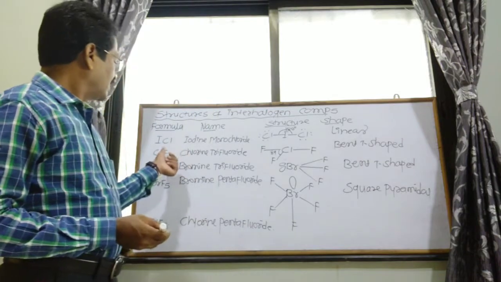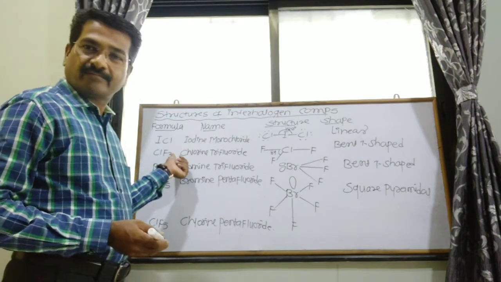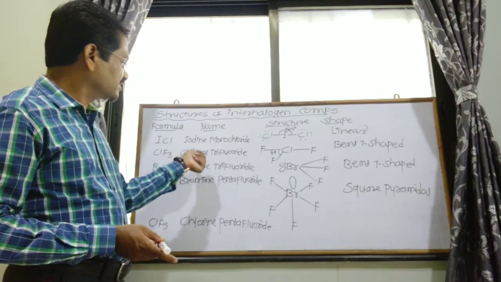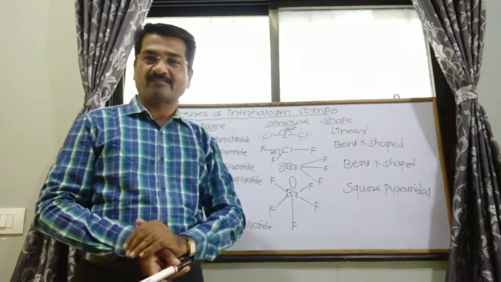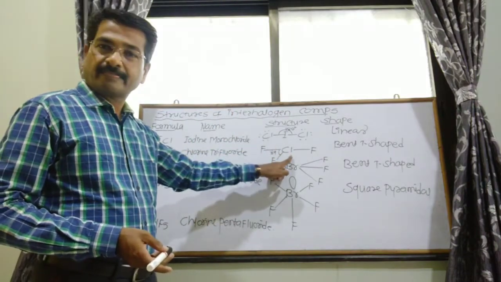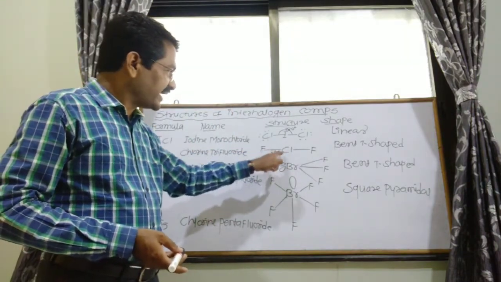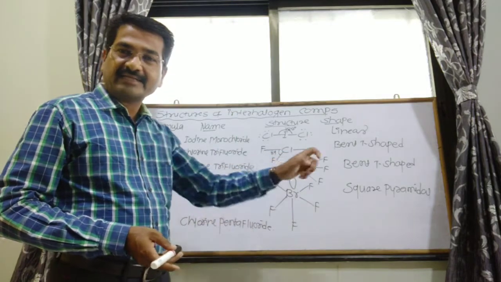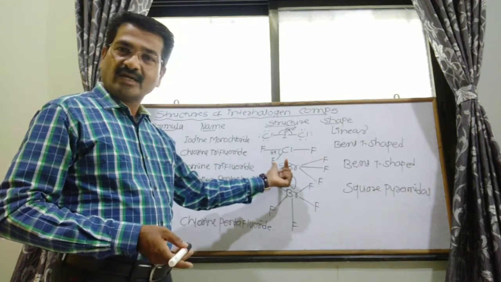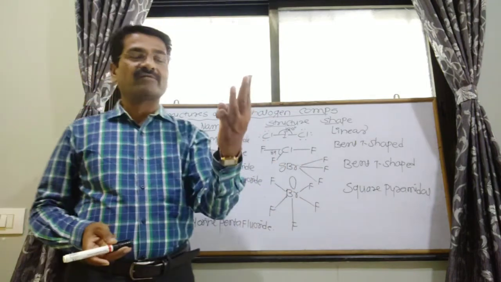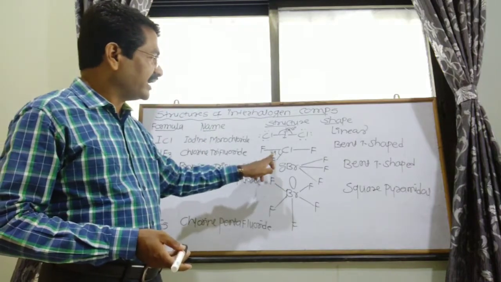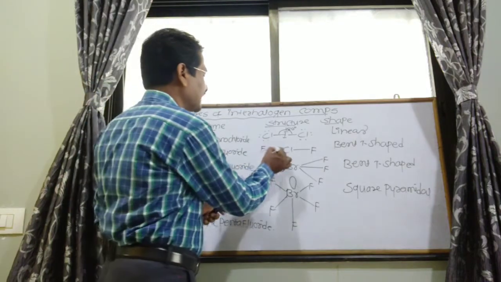Second one is ClF3, 1 chlorine and 3 fluorine. The name of that compound is chlorine trifluoride. In chlorine trifluoride, the chlorine is placed at the center and the central halogen is linked with 3 fluorine atoms to form a tripod-like structure, having an angle of 89 degrees.